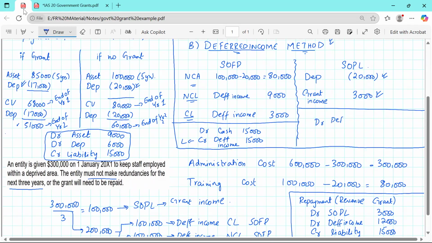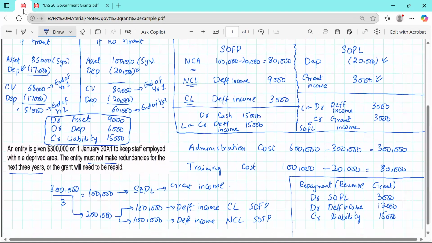Debit deferred income, like you would have reduced the liability by 3,000, and you credited the grant income, which means you recognized 3,000 in the SOPL. Now, whatever you already recognized, you did what? You reversed that. You debited SOPL, because you took that to the statement of profit or loss.